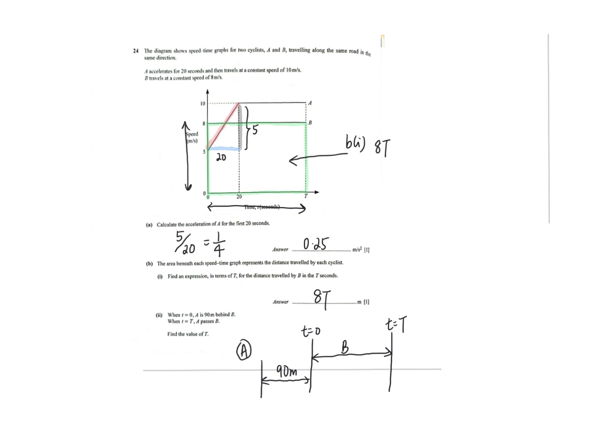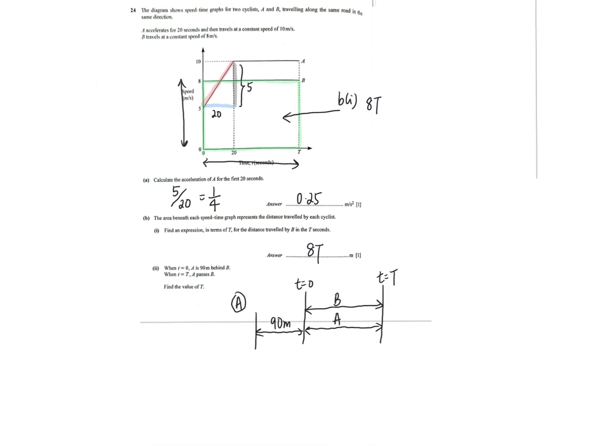So this is your B. This is where your A is. So in other words, I need to find the distance of B, which is the area under the graph. I just found it to be 8T. It will be equal to distance of A plus that 90.